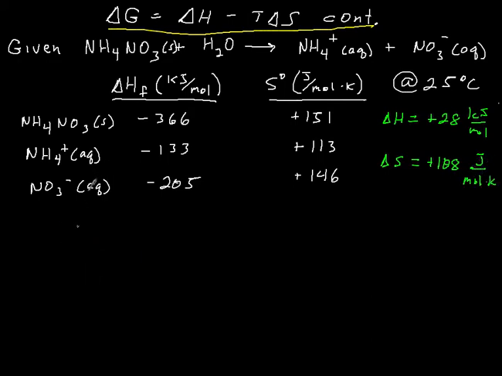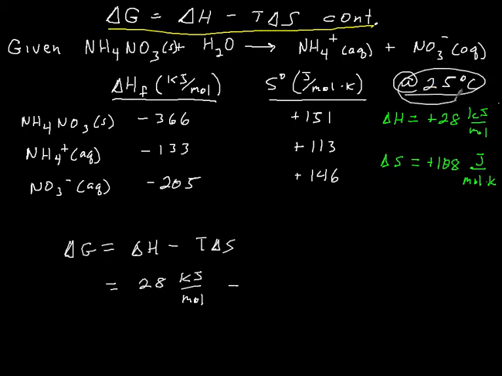And now we can plug into our delta G equals delta H minus T delta S. And so the delta H is positive 28, so 28 kilojoules per mole, minus the temperature in Kelvin, so 25 degrees in Kelvin would be 298, multiplied by the delta S. Now remember, the delta S is in joules.